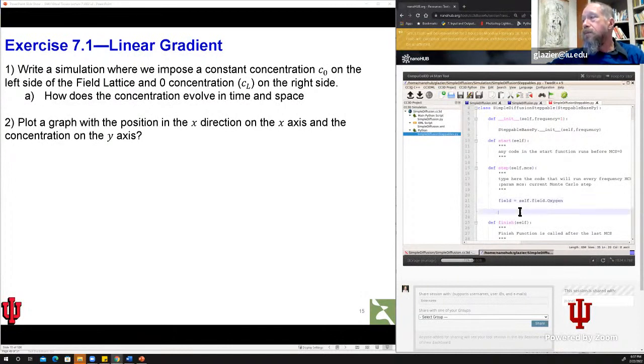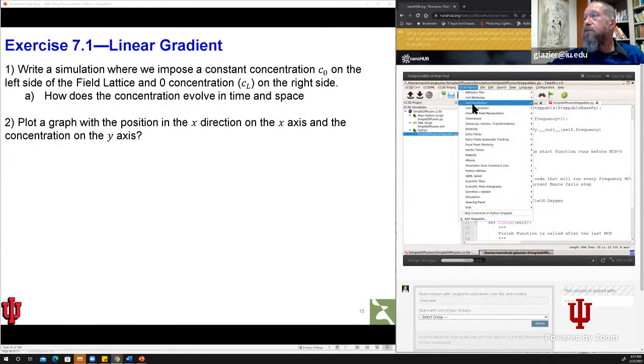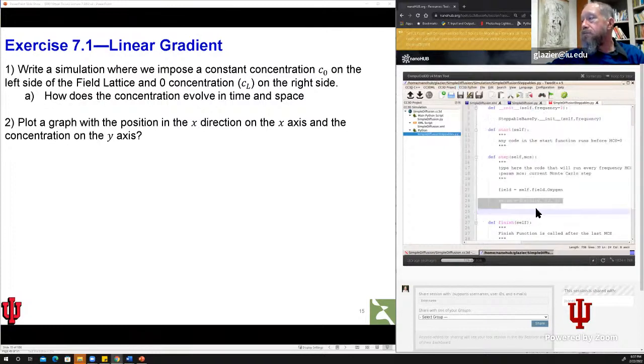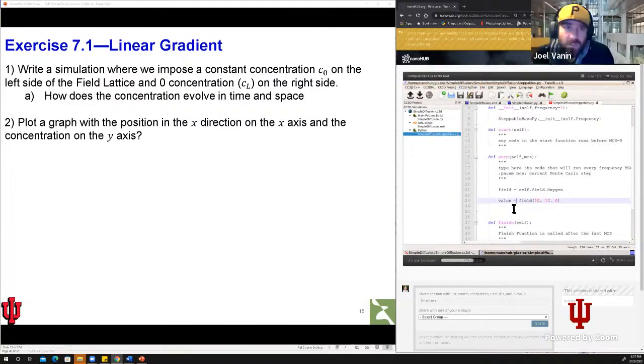Okay. And then we can iterate, and then we can get a value reference. So we can say chemical field manipulation, get field value. Yeah, that's the one. It gives the 10, and that's the vector that I have to pass as the x and y values that I want.